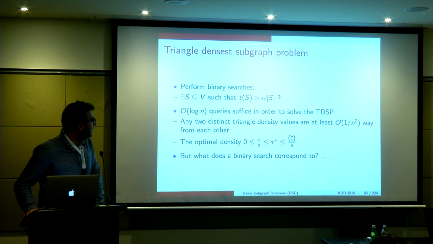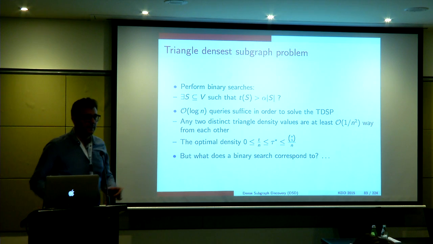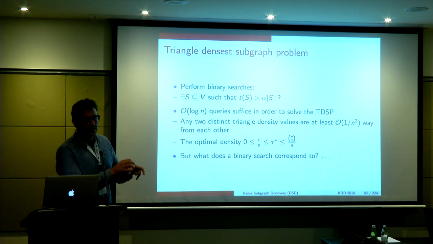So the idea is pretty similar to Goldberg's algorithm. The main difficulty that arises is that when you have a set S of vertices, when you solve the DSP, you can have an edge either induced by S or going out from S. Okay? When you have triangles, you can have triangles with different numbers of vertices within the set S. You can have induced triangles with all three vertices inside, but you can also have two or just one vertex of a triangle.